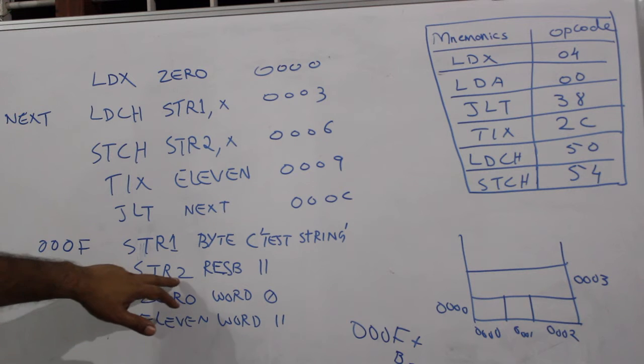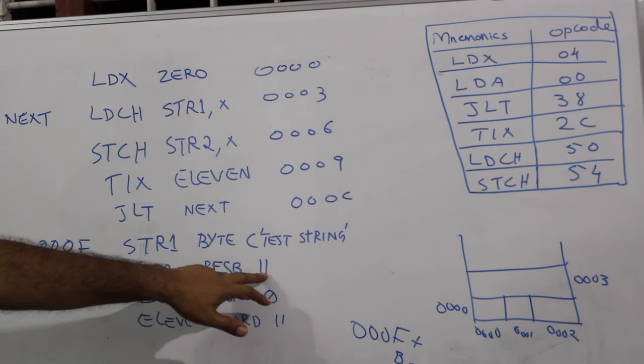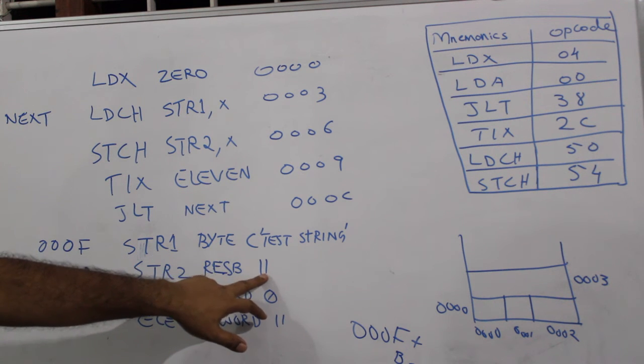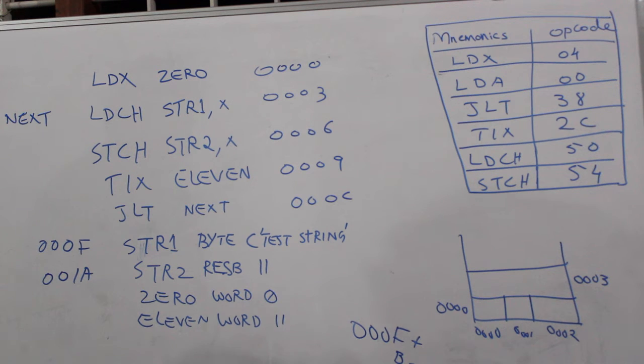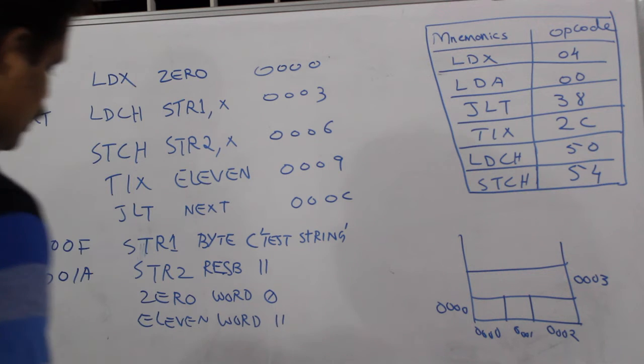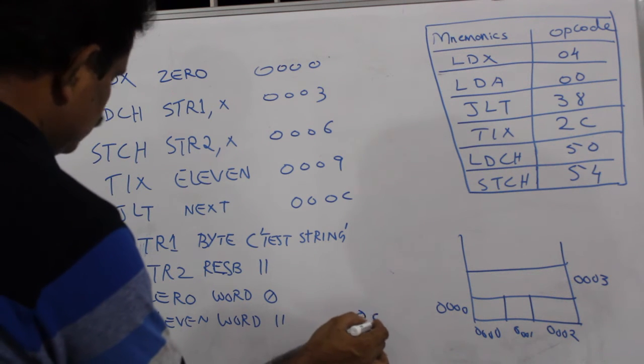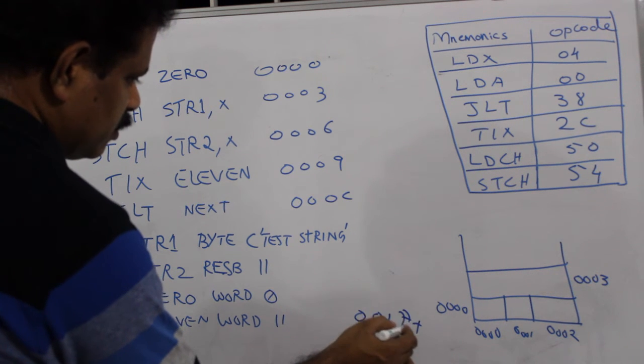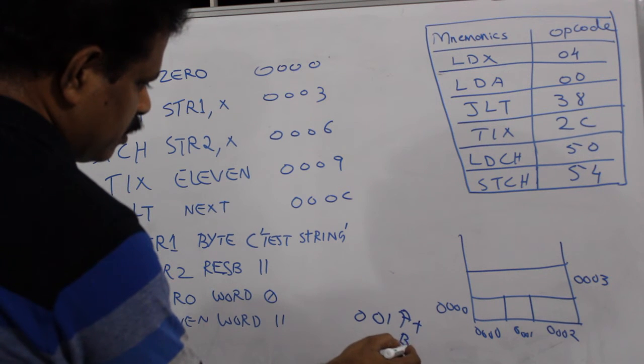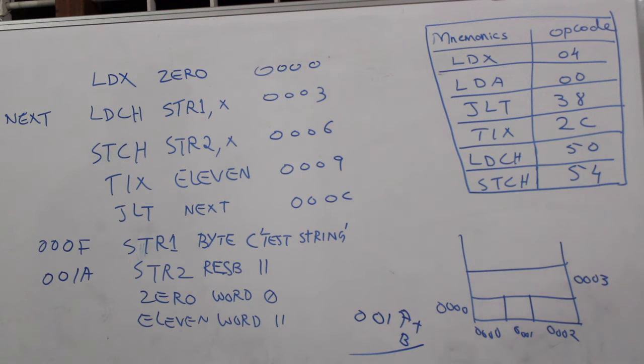Then this str2 also takes 11 bytes. So what is the address of the next data? Its address is 001A plus B. What is A plus B?